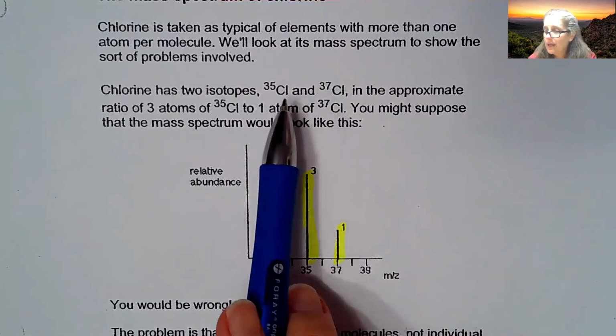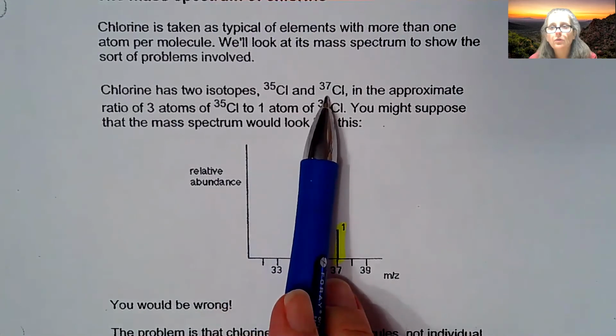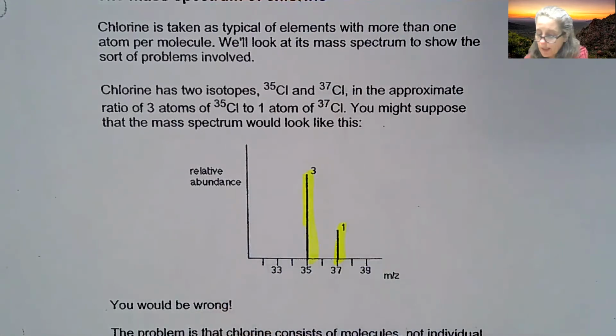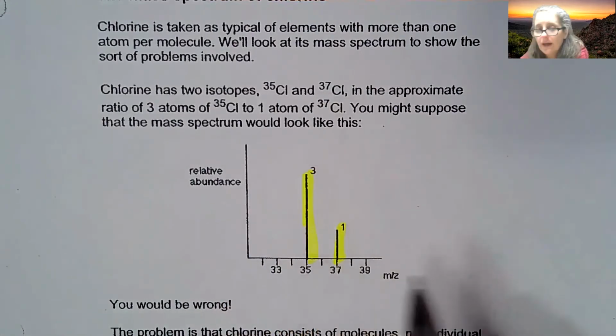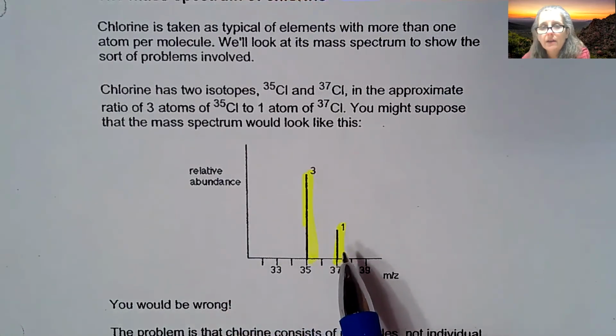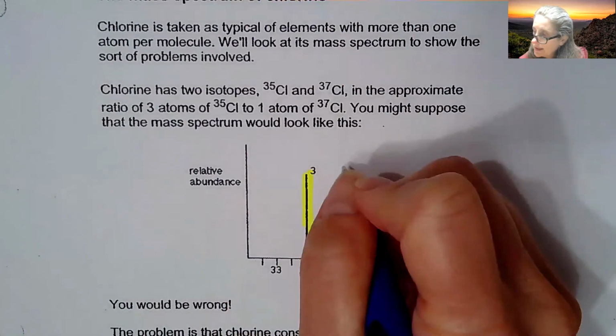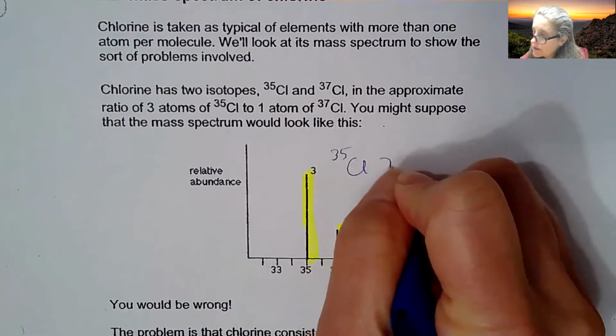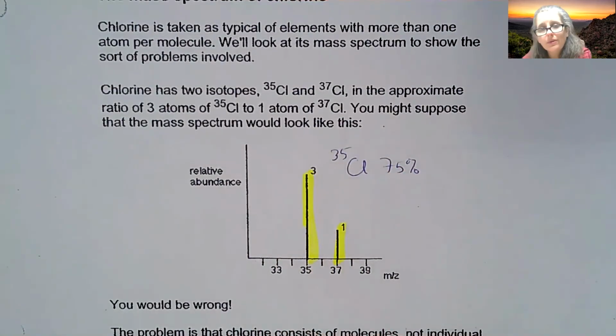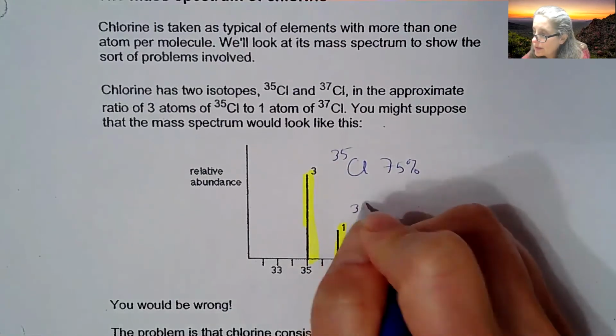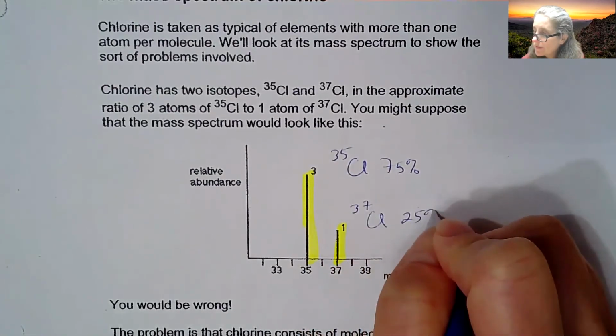So chlorine has two isotopes, chlorine-35 and chlorine-37. As you could see, chlorine-35 is a much bigger stick than chlorine-37. It turns out about 75% of the chlorine is chlorine-35, while chlorine-37 is about 25%.